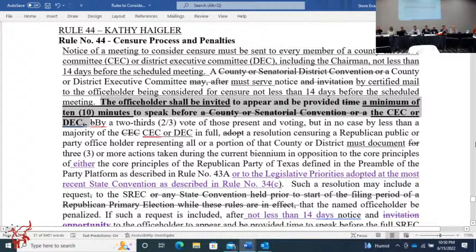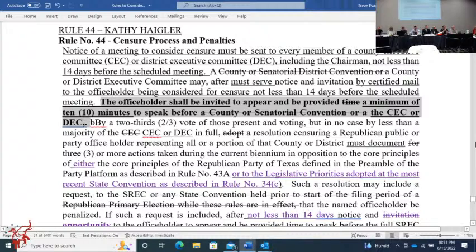How is it determined that there is to be a notice to consider censure? So that's not a point of order. That's just a question. Yeah, it's a question made for me. Sorry. Thank you. Would you like to address that? Let's let Kathy address his request for information.